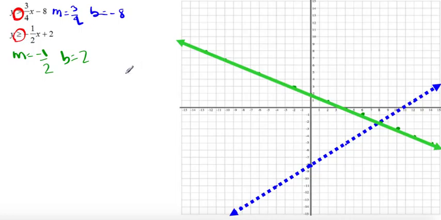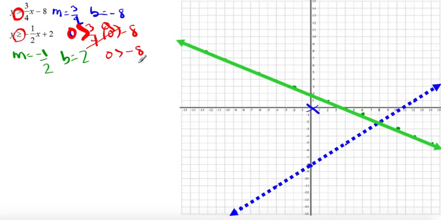Okay, so now I have to figure out which way I shade. Let's start with the top. So I'm looking at the blue line now. I plug in my test point, which is, I'll use 0, 0. So I have 0 is greater than 3/4 times 0 minus 8. 3/4 times 0 is 0. 0 minus 8 is -8.